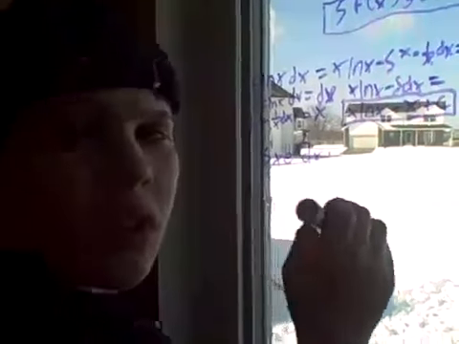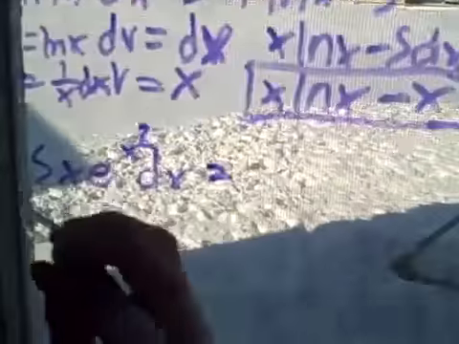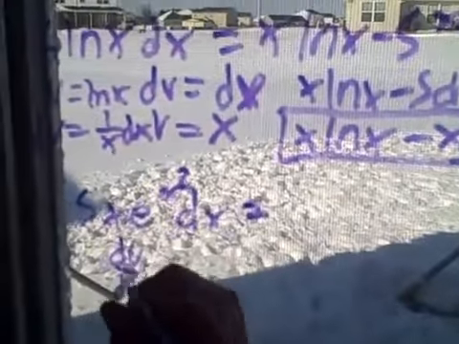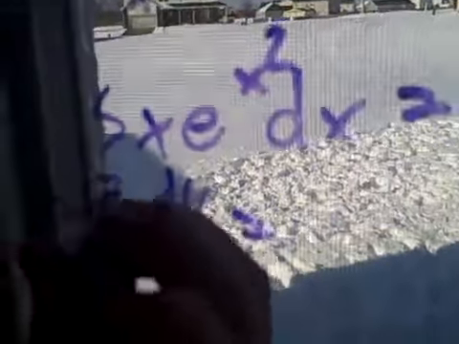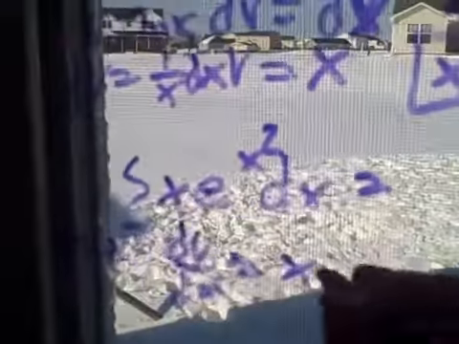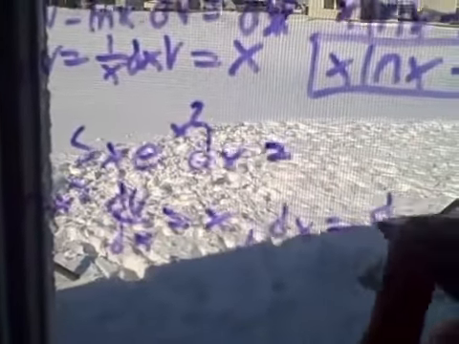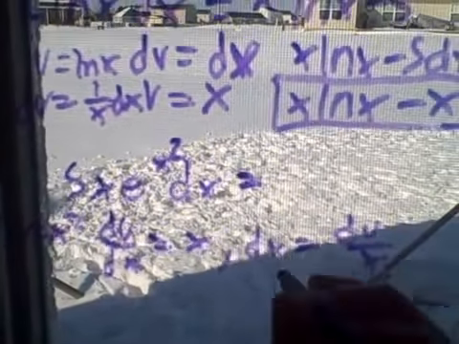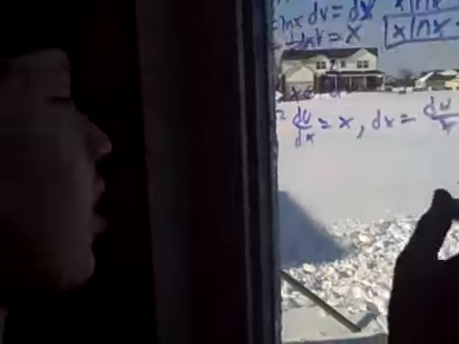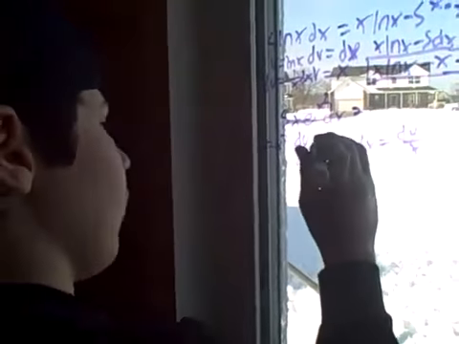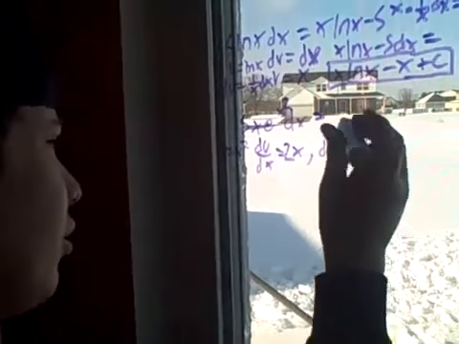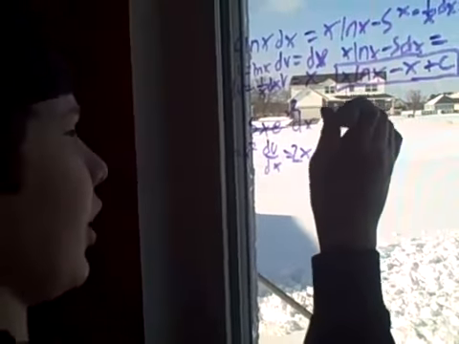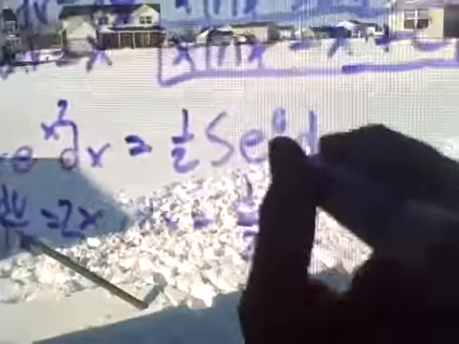So I can remember our u substitution, and instead of having to do integration by parts, I make u equal to x squared. Du by dx equals 2x. Then dx equals du divided by 2x. I can just factor some stuff out. This becomes 1/2 integral of e to the u du.